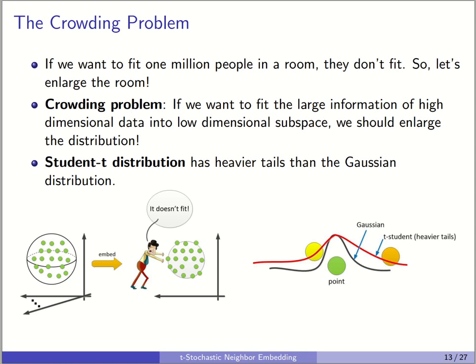So in other words, in our case, when we are in high dimensional space, the high dimensional data has huge information. Information corresponds to people in my example. And you want to include as much information as you have in the high dimensional space in the low dimensional space.